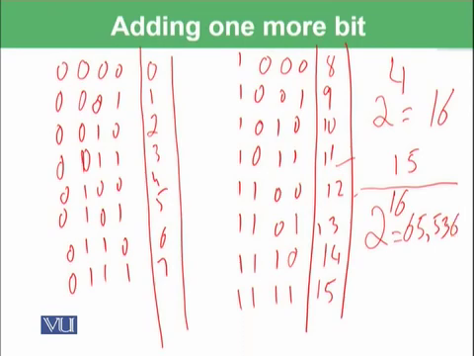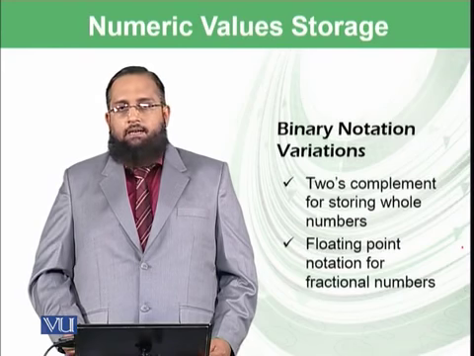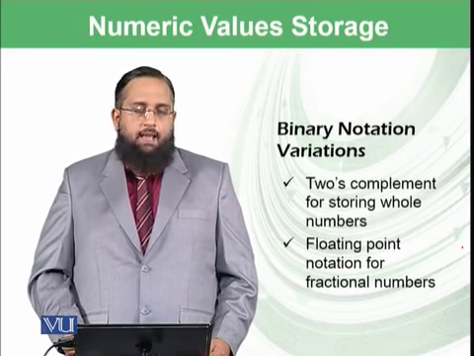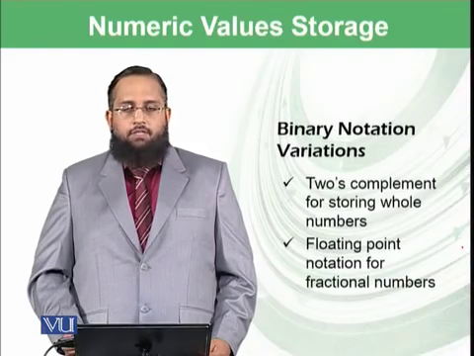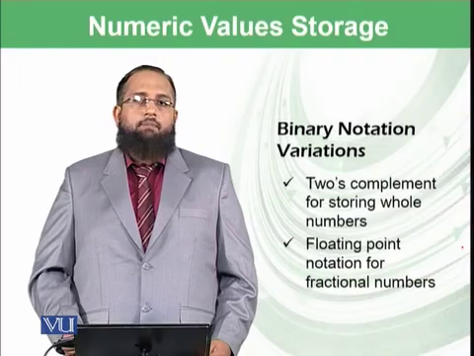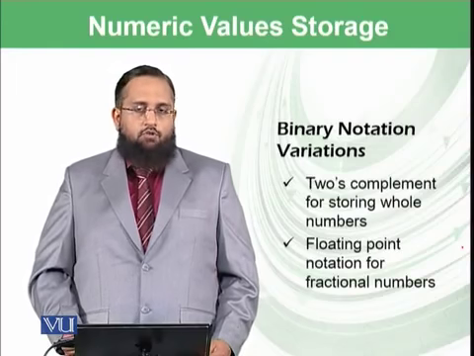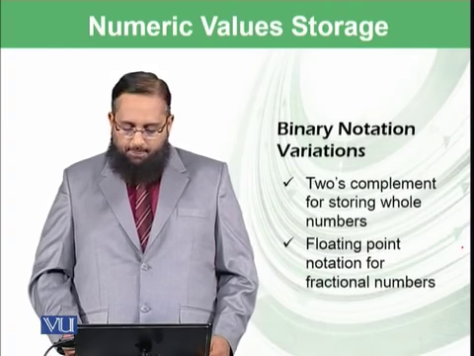These are the numbers which we can represent, and starting from 0 we can represent 0 to 65,535. By representing only in textual form, we were able to represent a maximum number of 99, but with the binary notation we are able to represent with 16 bits the maximum number 65,535.